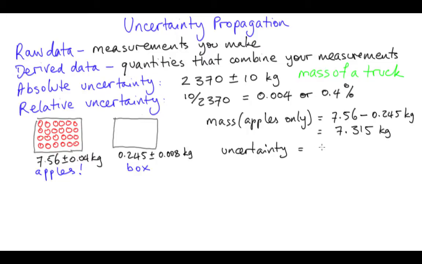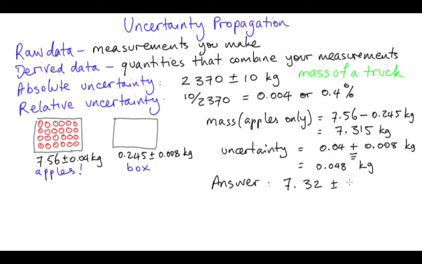So I find when I subtract the weights, I get 7.315 kilos, but I add the uncertainties to get 0.048 kilos. Now again, I have to turn this into sensible numbers of significant figures, so my final answer should be 7.32 plus or minus 0.05 kilos.